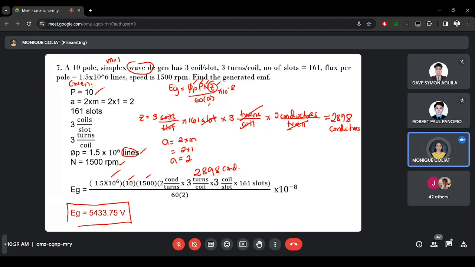Is that correct? Please use your calculator, ha? Because I don't have a calculator with me. What are? Kilowatt hour o megawatt hour? Sabi ni Brian, gamitin na watt hour.